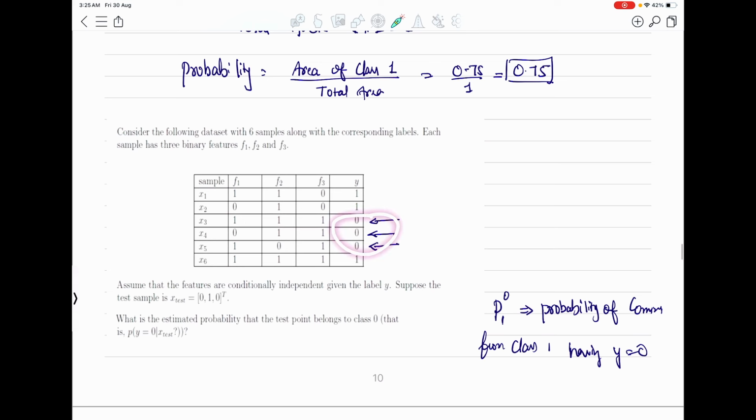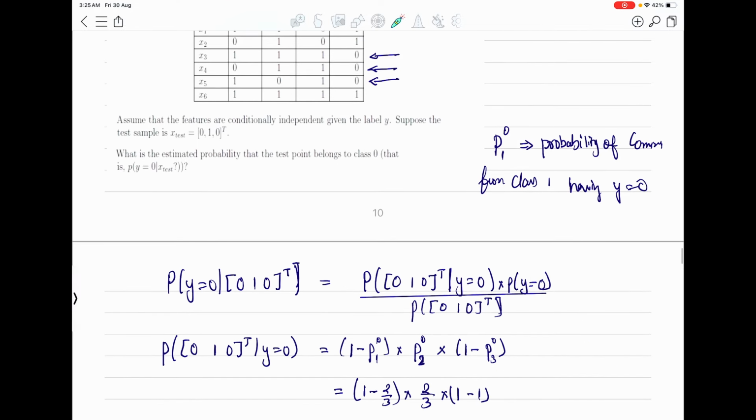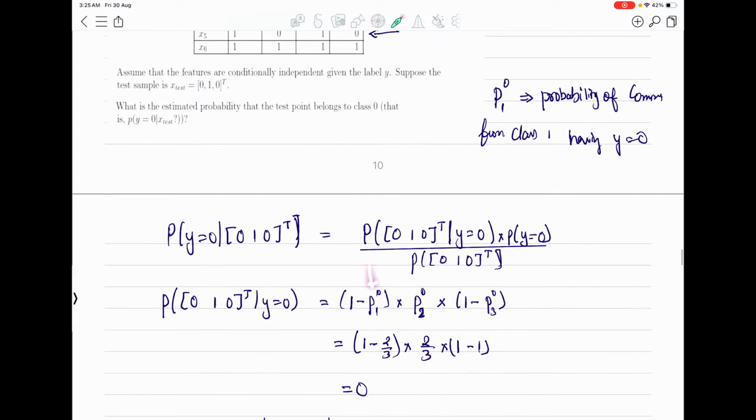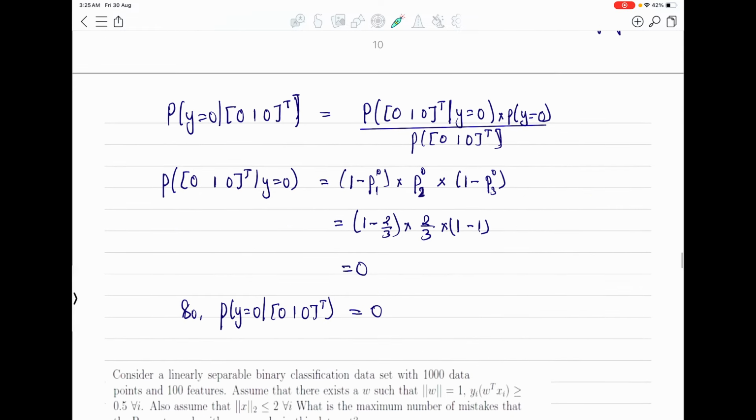So let's say y is 0, where y is 0, here in these 3 we have y equals to 0, so we have to check for the class 1. Out of 3 records we can see that 2 records are having 1, so the probability of this will be 2 by 3, and we have to minus it from 1, so 1 by 3. So this will be the value of this.